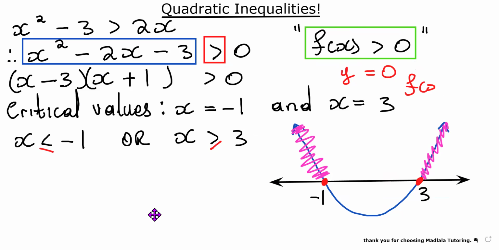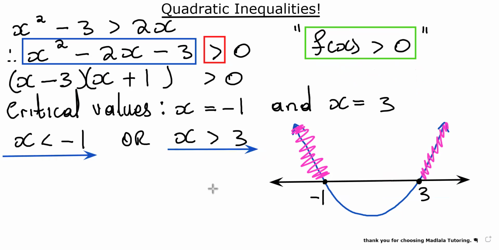No, we don't want where it's equal to 0. We want where it's greater than 0, where it is above the x-axis. So yes, that is your solution in this case. Now the question is, where are the marks? It's a very good question.